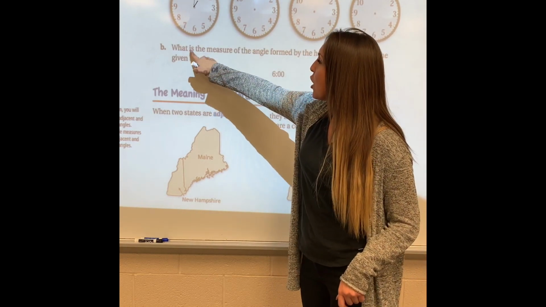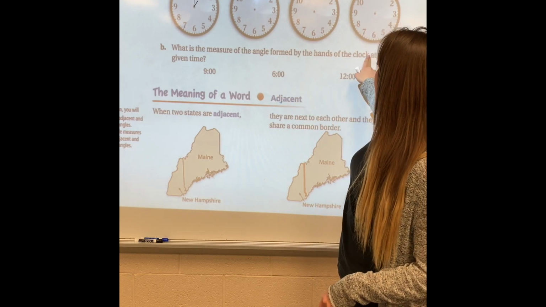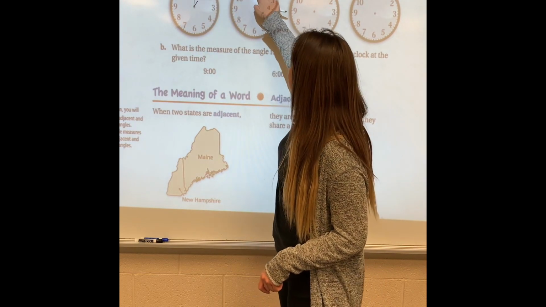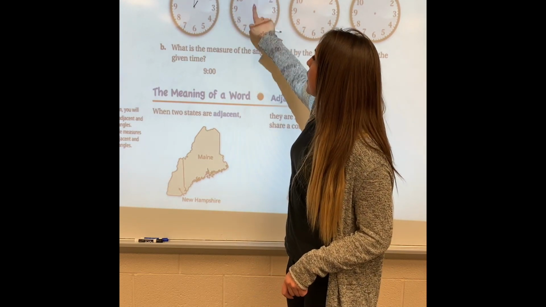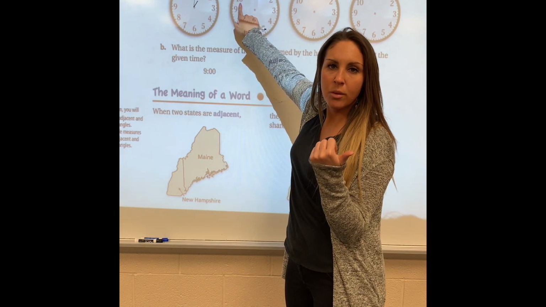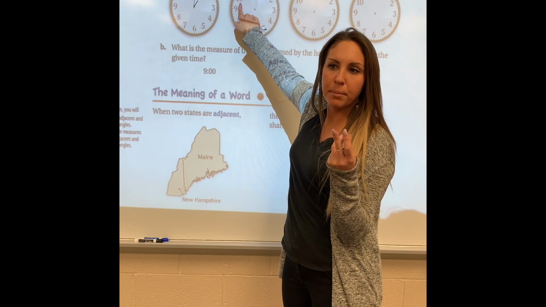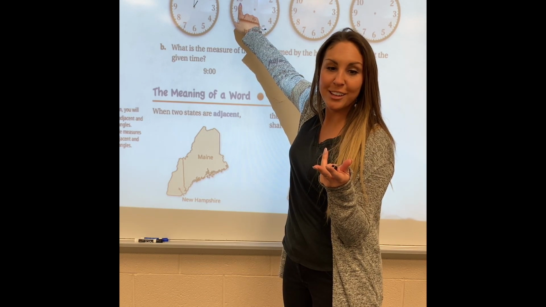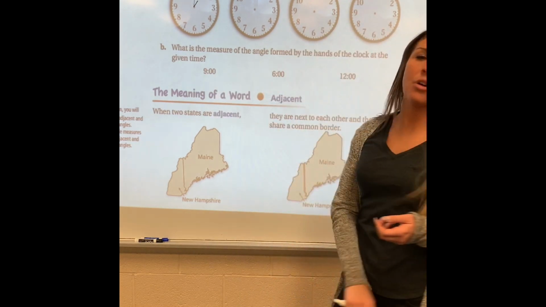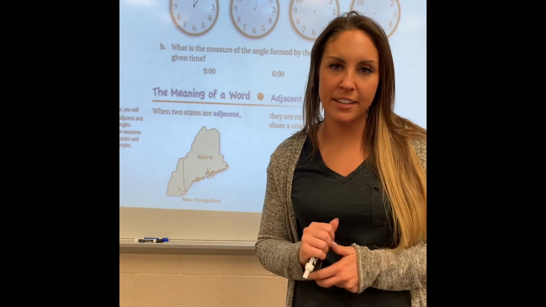Part B says, what is the measure of the angle formed by the hands of the clock at the time given? So at 9 o'clock, what kind of angle would that be? Would it be acute? Would it be right? Would it be obtuse? Or would it be a straight? So you can write those down here. You can go ahead and hit pause on this video and take a minute to do activity 1.